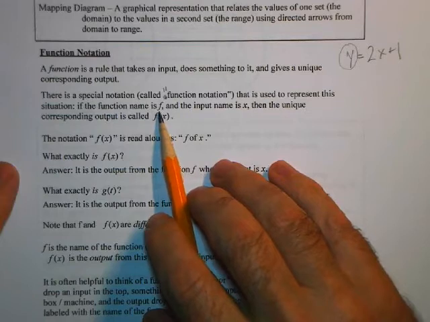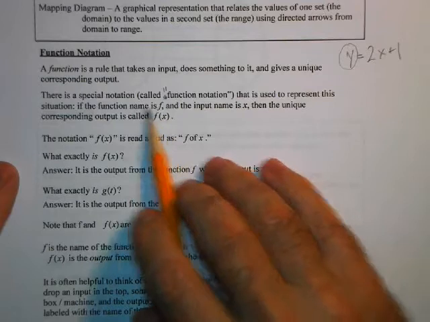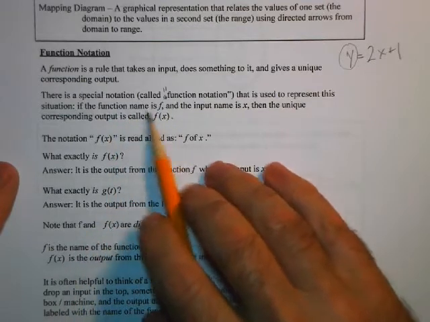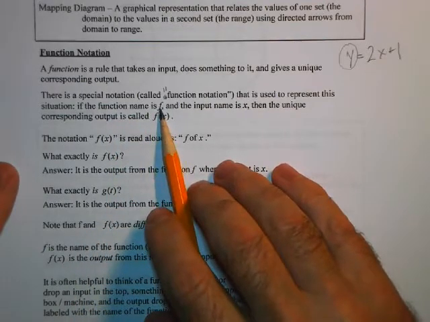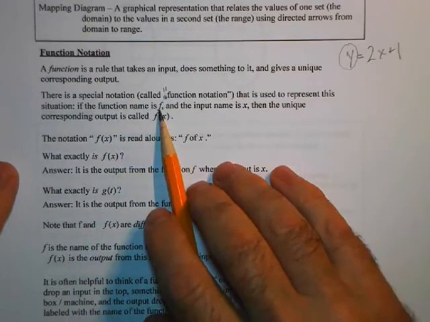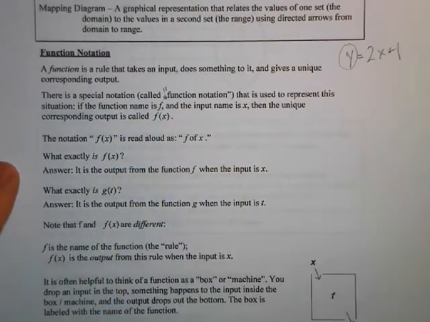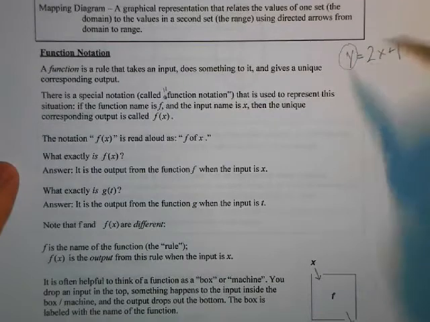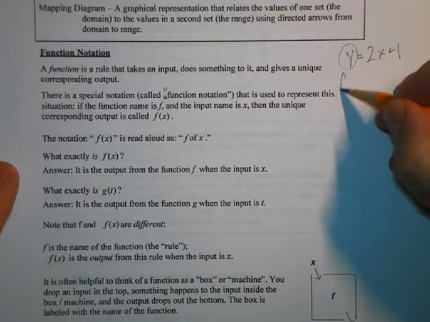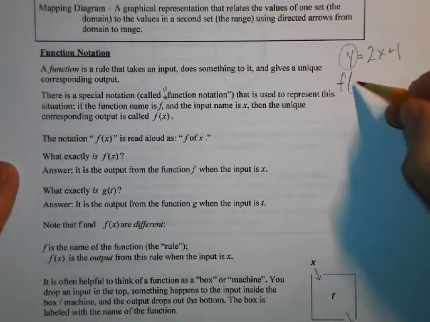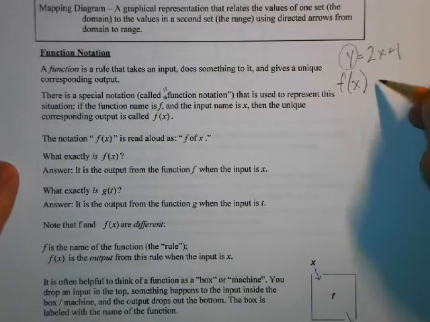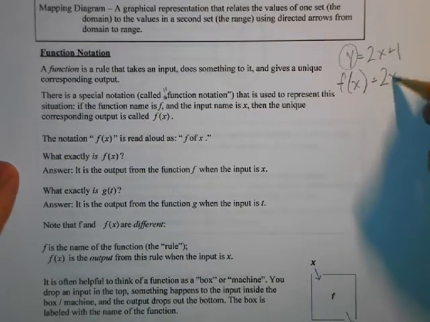We could actually name it anything we want other than the letters of our variables. The reason we pick f is because it's the first letter of function. So instead of calling our output y, we're going to call it f, then in brackets I put x, and the right side is exactly the same.